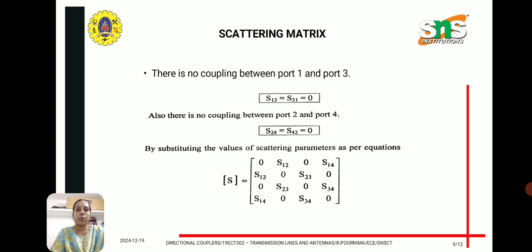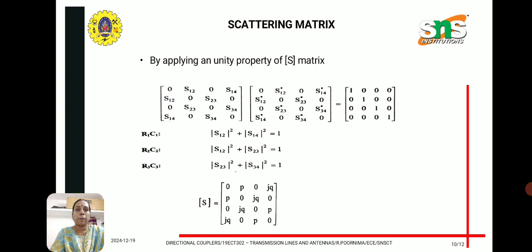Similarly, for ports 2 and 4 there is no coupling, so S24 and S42 are equal to 0. By applying all these conditions, the S parameter matrix is written as this matrix where the properties are applied.